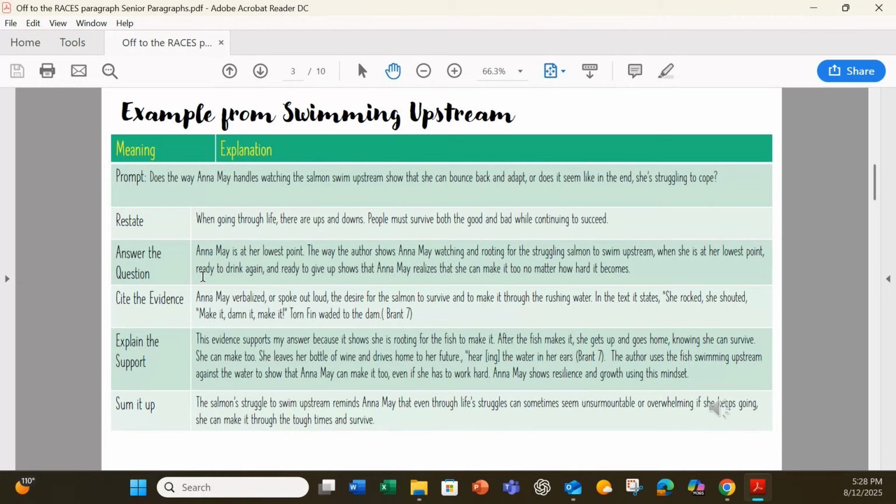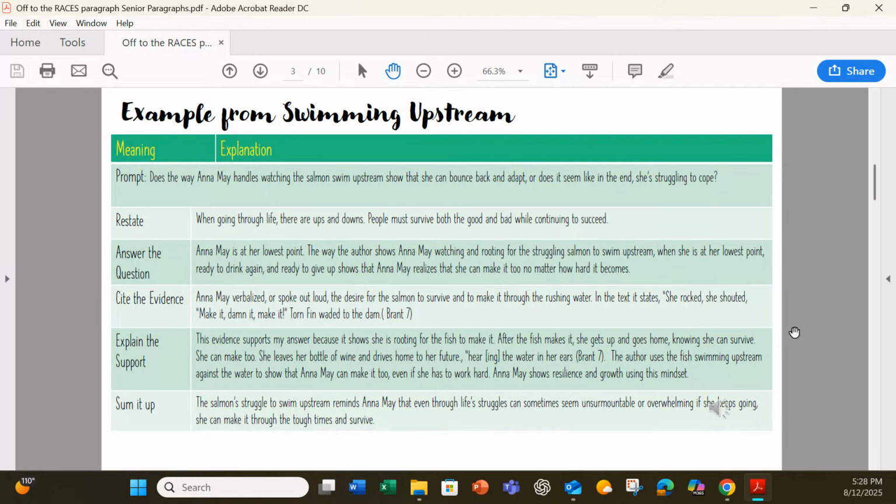She's down at the bottom. Has she bounced back? Well, because she watched the salmon, she realized that she can make it too. Hey, if that salmon can make it, I can make it. Okay? So that is the answer to the question.